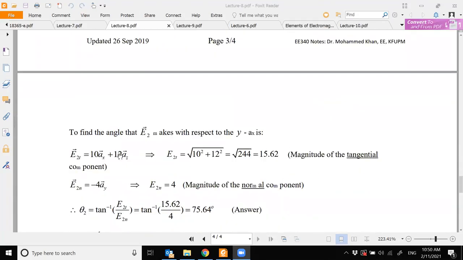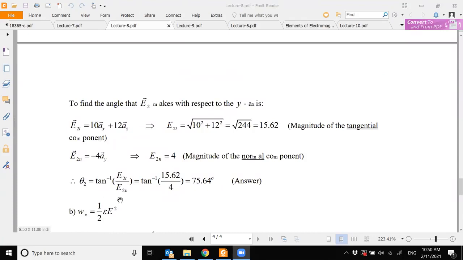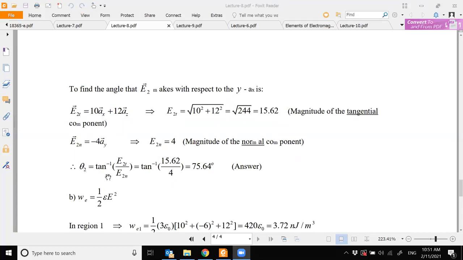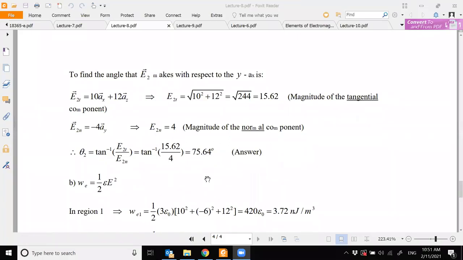So alpha is the tan inverse of E2 tangential over E2 normal. Since we know E2 tangential and E2 normal, we first find their magnitudes. Then the angle is tan inverse of E2 tangential over E2 normal, which is 75.6 degrees.